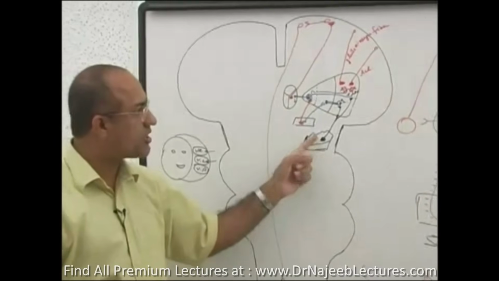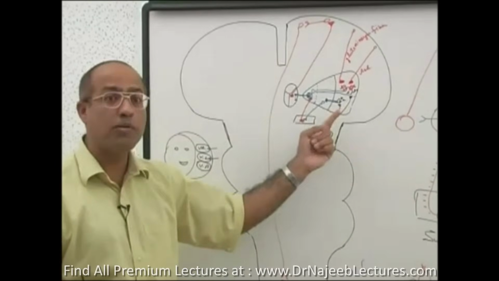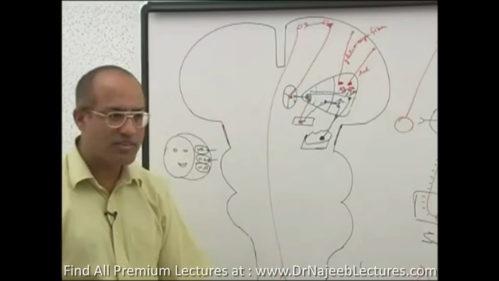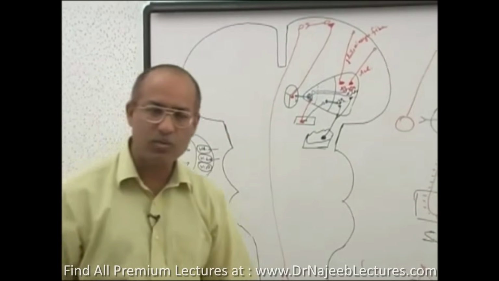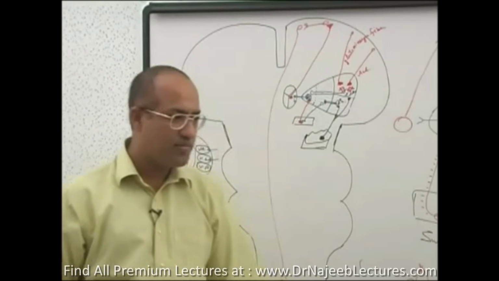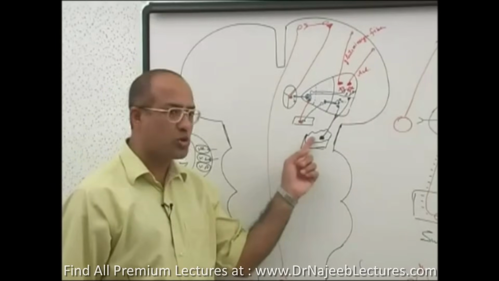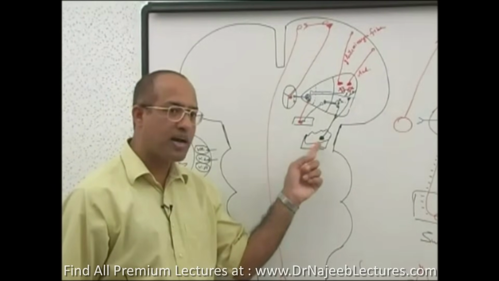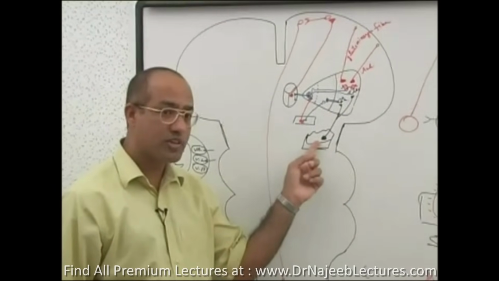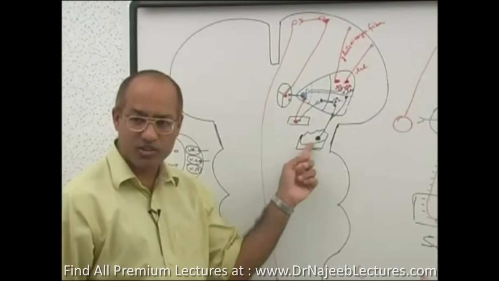Which neurons are degenerating? Nigrostriatal dopaminergic neurons. Parkinson's disease is a disease in which, with age, the dopaminergic neurons from the pars compacta of the substantia nigra start degenerating.